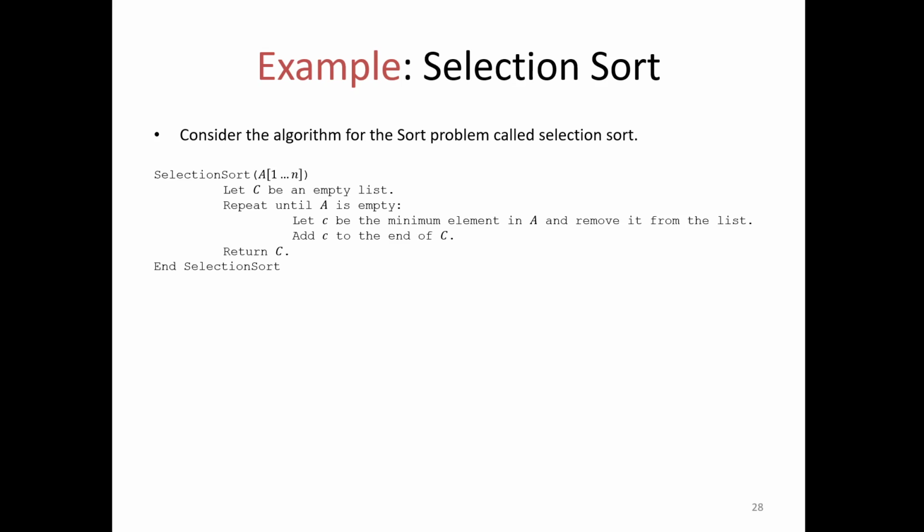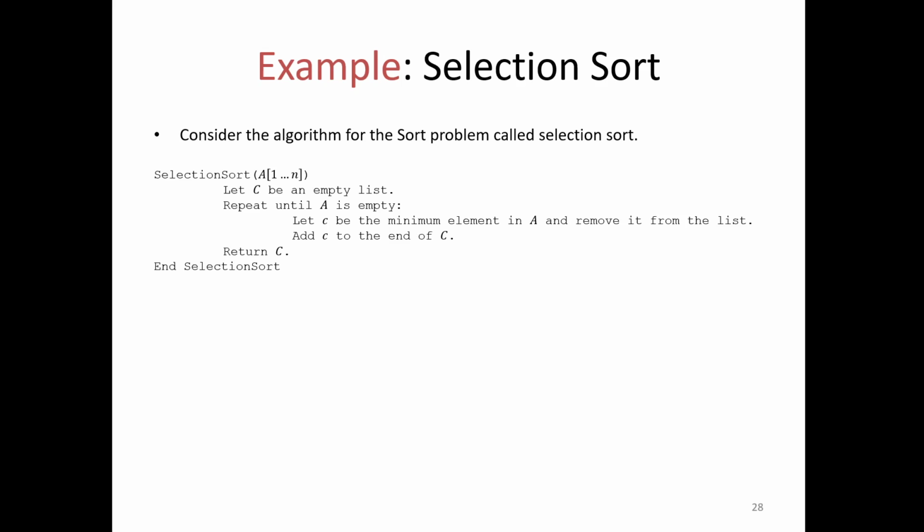All right, so taking in a list to be sorted, A, the goal of this pseudocode is we're going to start with another empty list C, and we're going to add elements to that list, and we're going to add them in order so that the resultant list is sorted.